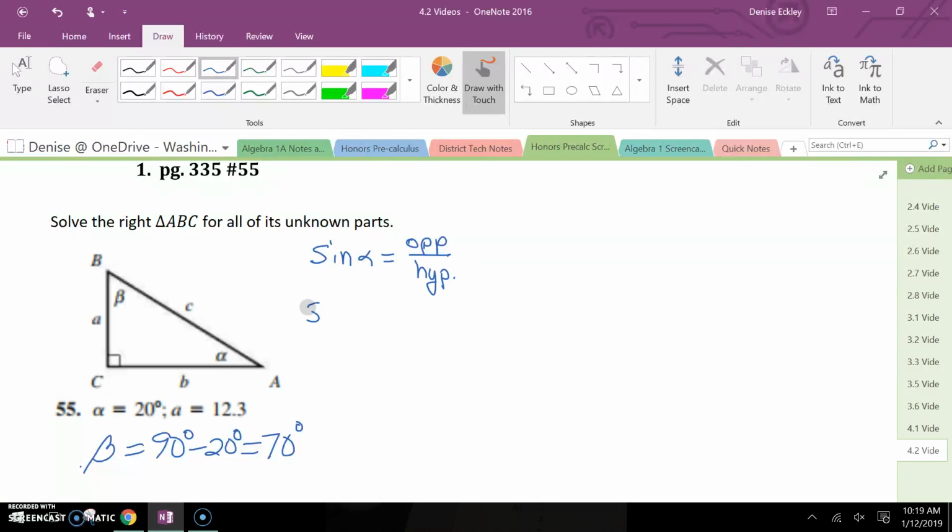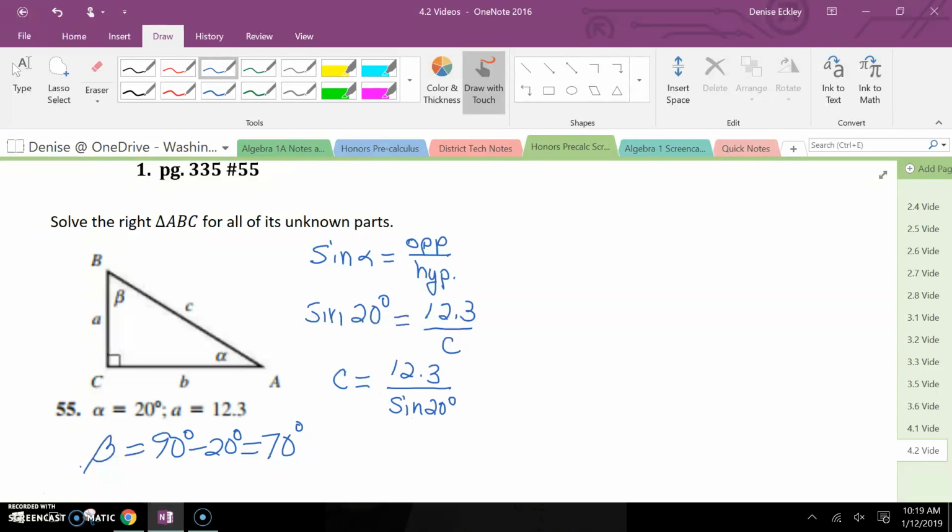So we have sine of 20 degrees is equal to A, which is our 12.3, divided by side C, which is the hypotenuse. So we can solve this for C. So C is going to equal 12.3 divided by sine of 20 degrees.